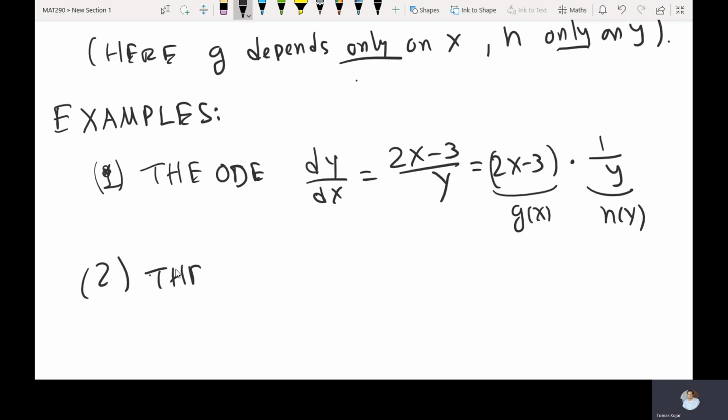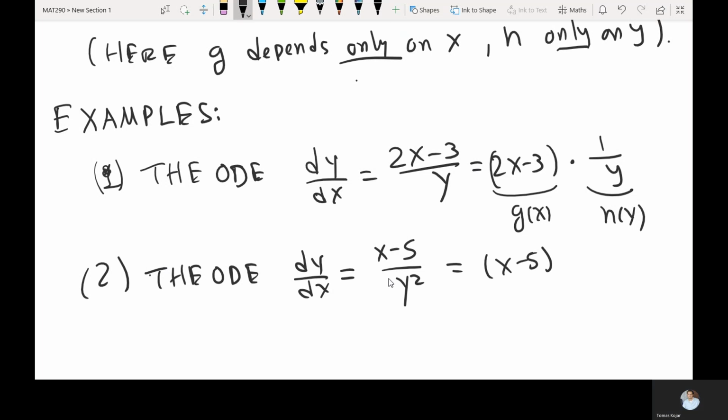They can also be nonlinear. So the ODE x minus 5 over y squared, once again, is separable in a product form.